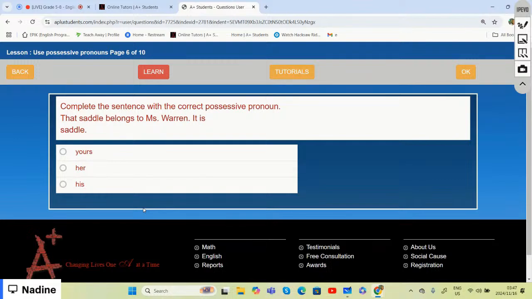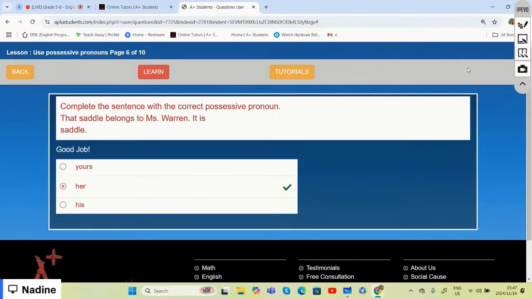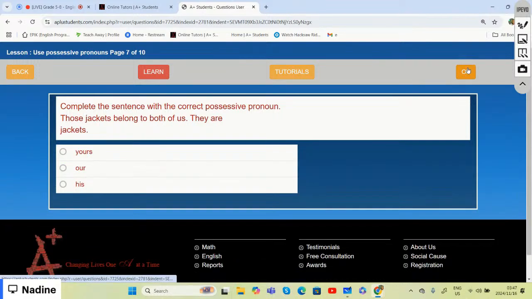All right, so if the saddle belongs to Miss Warren, then we say it is her saddle. If something belongs to a woman, then we say it is hers. If something belongs to a man, we say it is his.